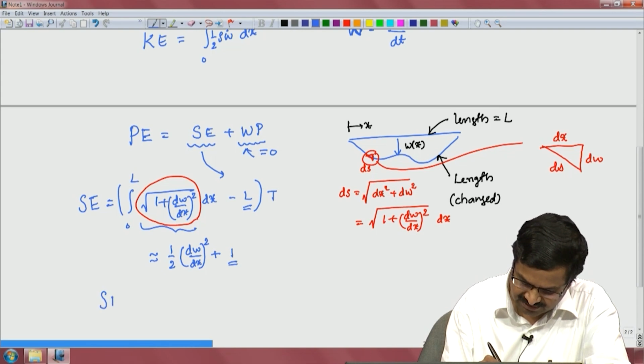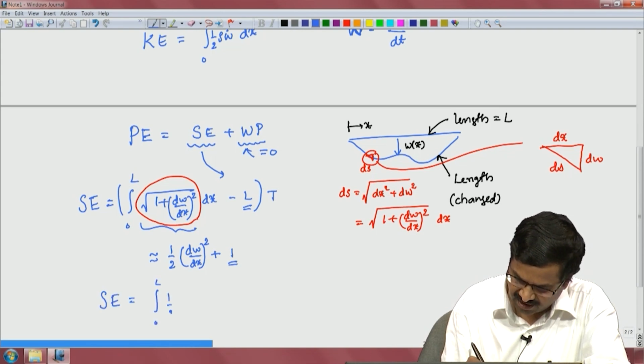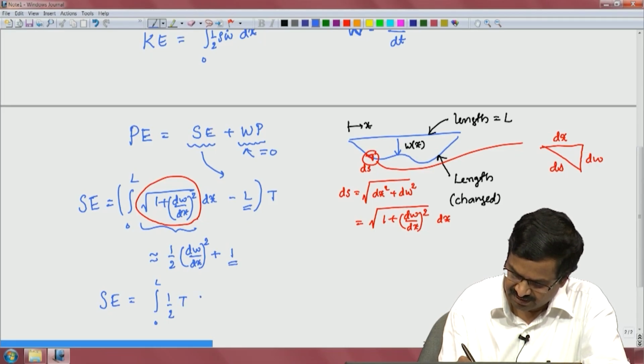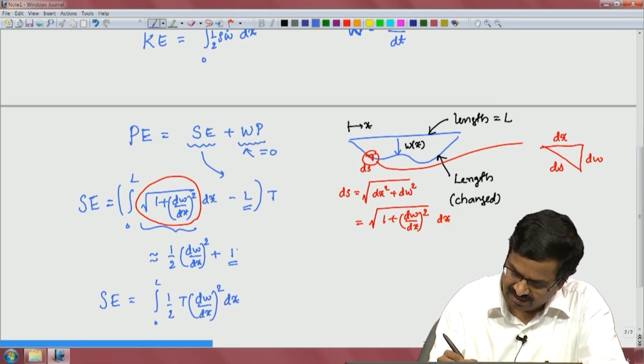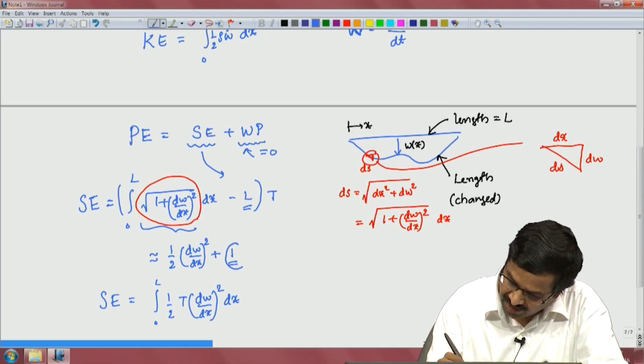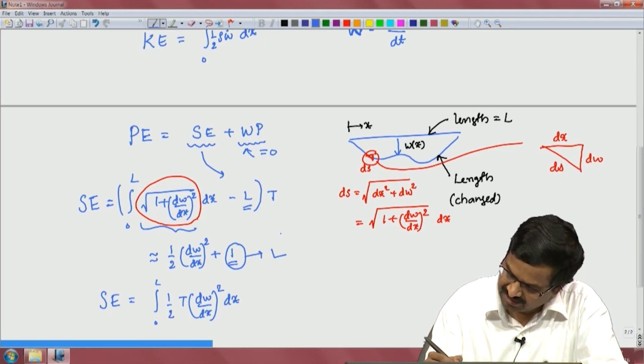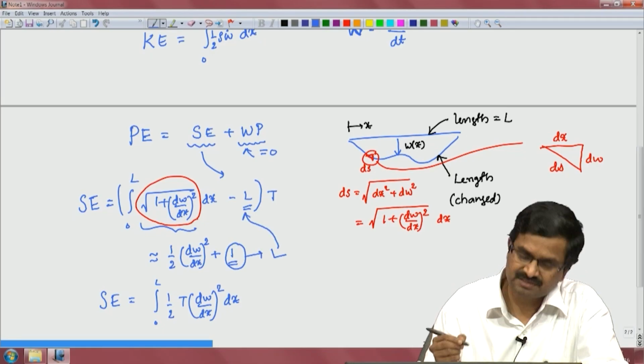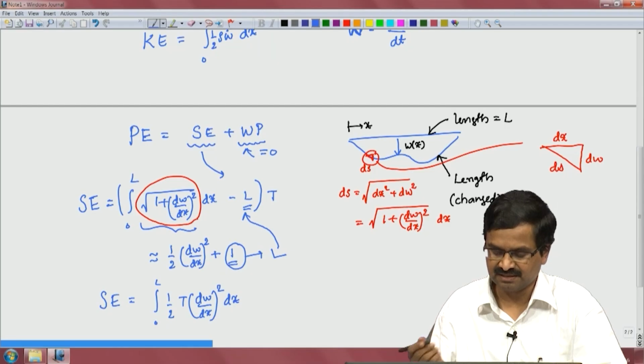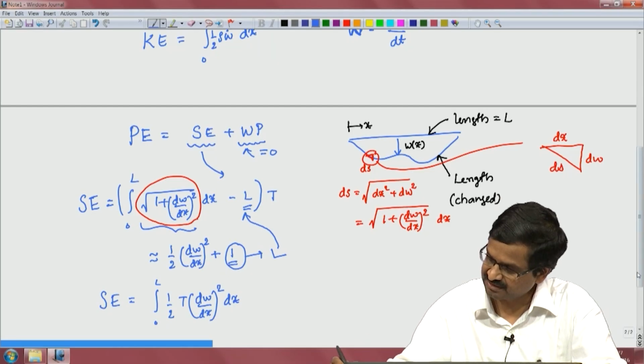So, our strain energy turns out to be the integral from 0 to L of half T into dw by dx square dx. Again, when I integrate the 1, that leads to L, and that L cancels this minus L. So, we have the strain energy.